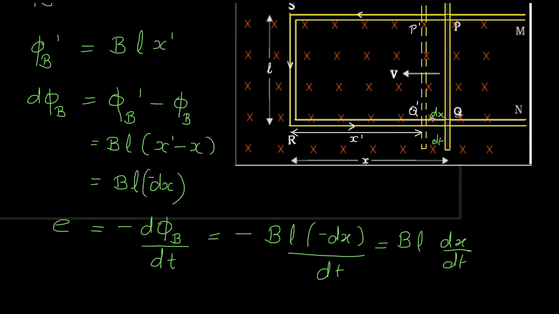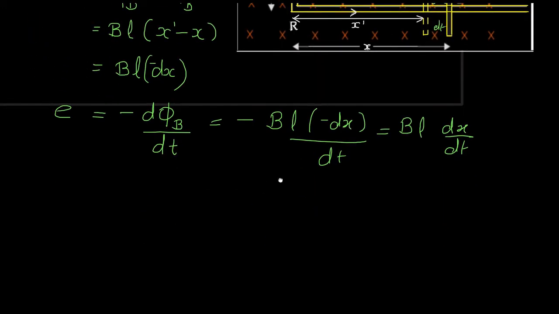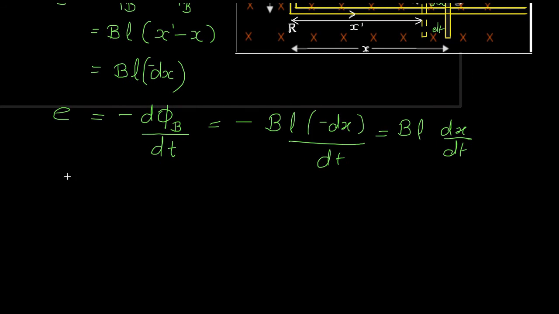Dx is the distance traveled by the conductor in time dt, so dx by dt is the velocity with which the conductor moves. Hence, EMF E equal to B into L into V.